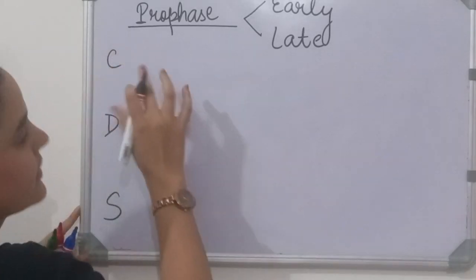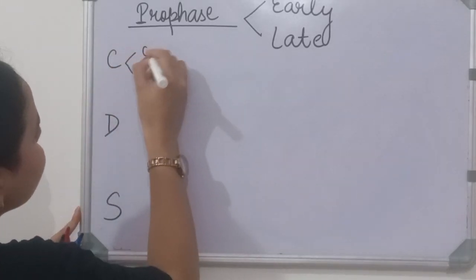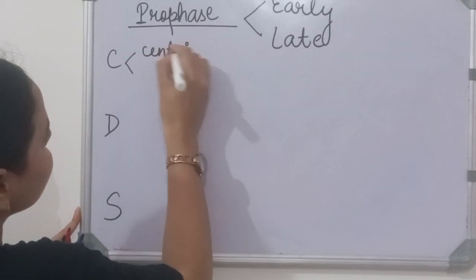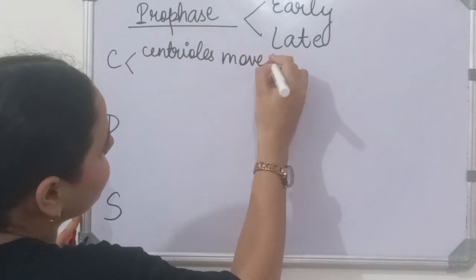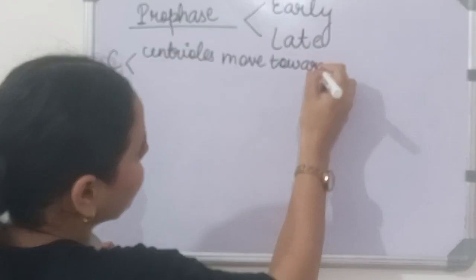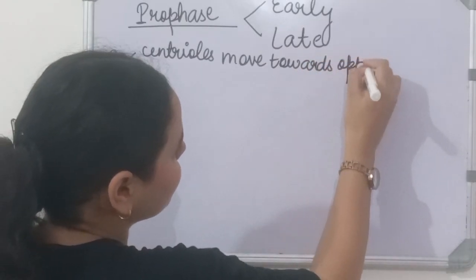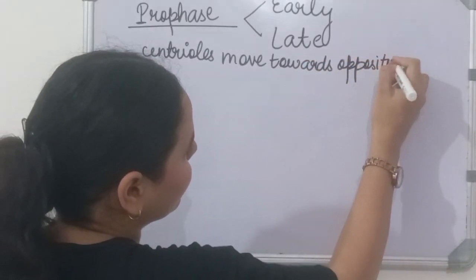So, this C stands for centriole move towards opposite poles.